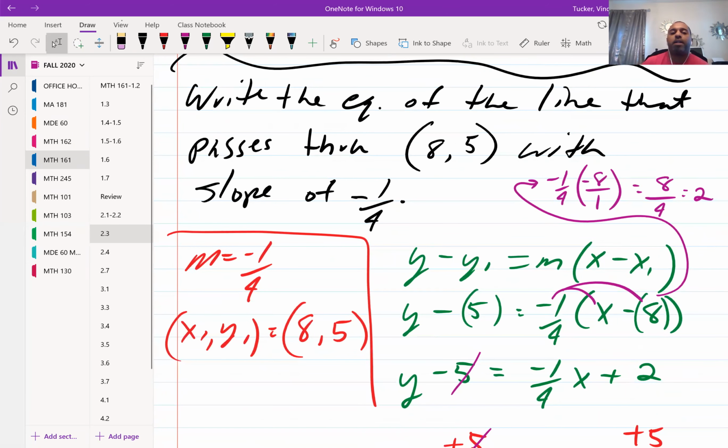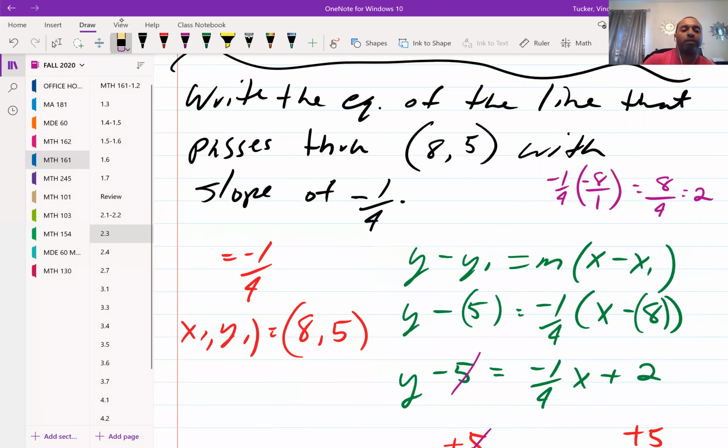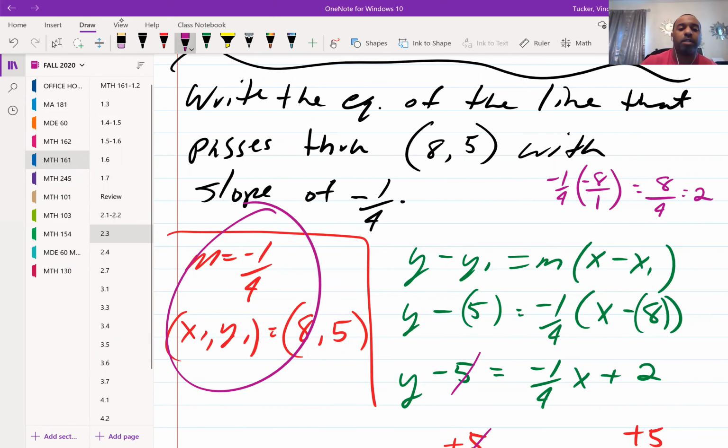Write the equation of the line that passes through (8, 5) with the slope of negative 1/4. Let me erase some of this stuff. We see right here the given information: negative 1/4 for our slope, (8, 5) for our point.